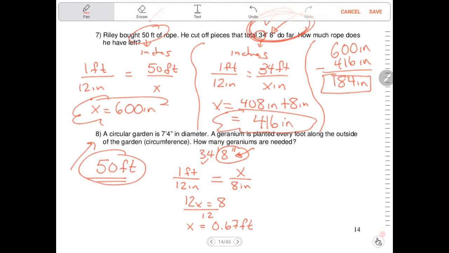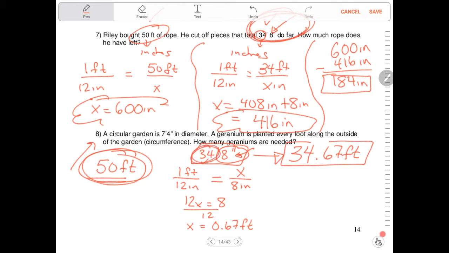So, what have we just done? My 50 feet is still good. You see this 34 feet 8 inches? You know what that's now become? The 34 was fine. It's 34.67 feet. 34 whole feet and 8 inches is 0.67.